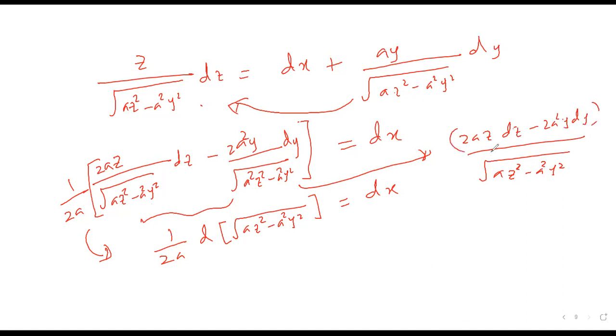So the differential of a z squared will be 2az. The differential of a squared y squared will be 2a squared y, in terms of y, because I'm taking this with respect to y and this with respect to z. So you will have this one. This is a total differential of this one.